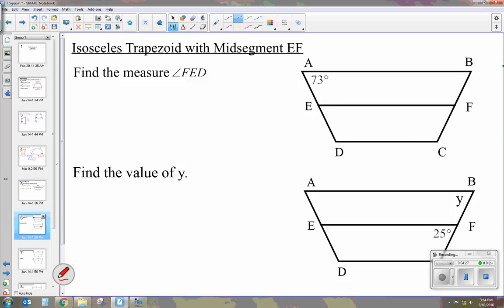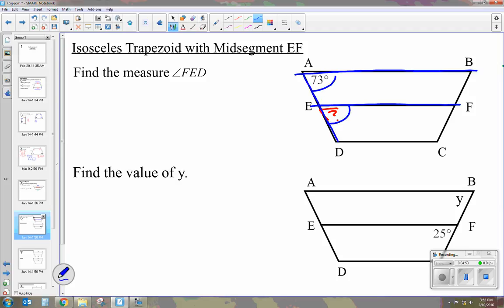First up, I need to find the measure of FED. FED is right here. We need to find that measure. Well, to find that measure, we can use our knowledge about parallel lines. We can use this one and this one, and draw a transversal, which gives us congruent angles. These are our corresponding congruent angles.